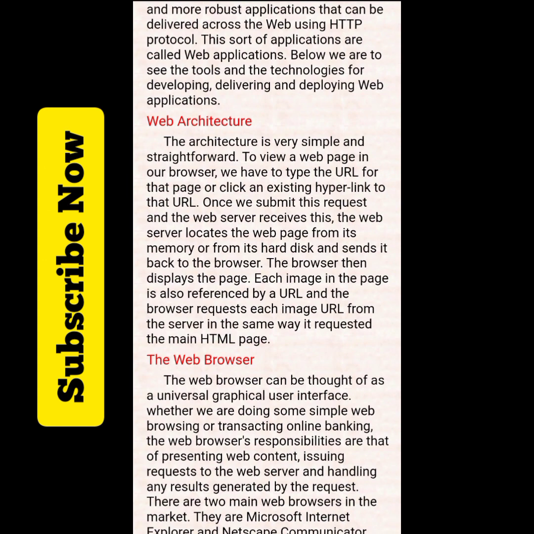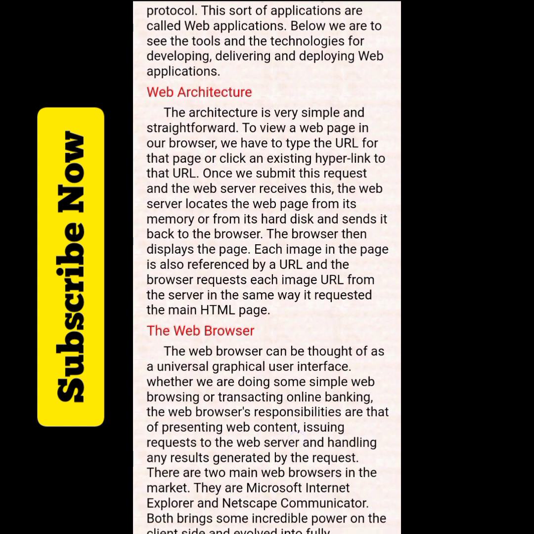So we will discuss what is web architecture. The architecture is very simple and straightforward. To view a web page in our browser, we have to type the URL for that page or click an existing hyperlink to that URL.